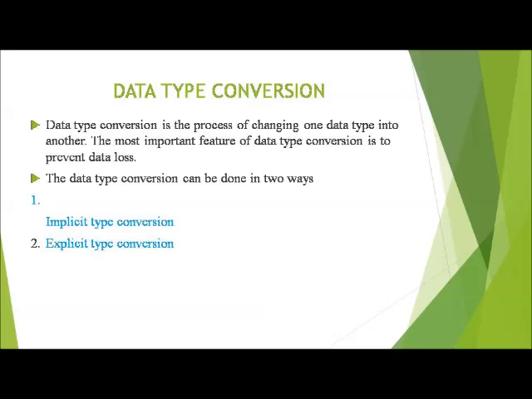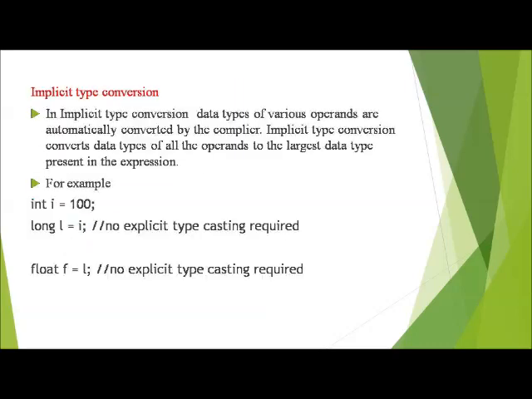Explicit type conversion. Implicit type conversion. In implicit type conversion, data types of various operands are automatically converted by the compiler. Implicit type conversion converts data types of all the operands to the largest data type present in the expression.